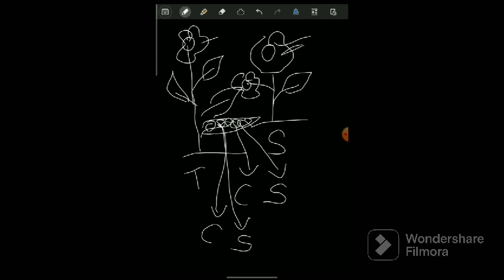What will happen next? He did a procedure which is called emasculation. Now what is emasculation? Let us understand with a new diagram. Let us take, this is our stigma.